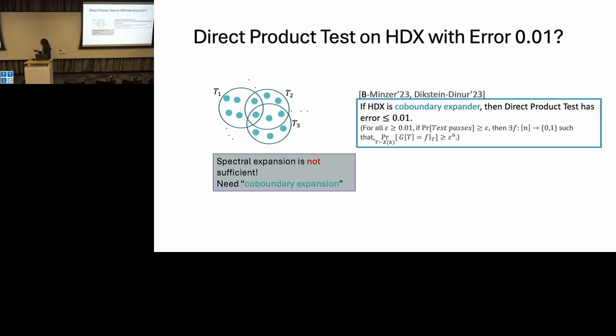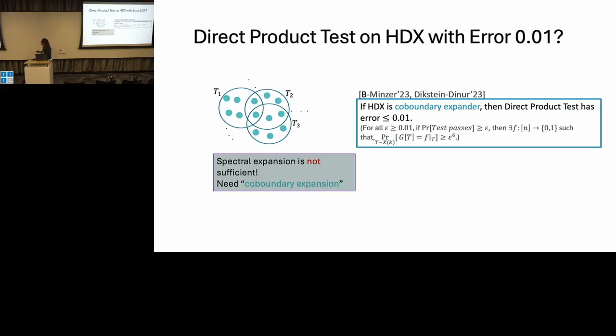In fact, this counterexample is a generalization of Bogdanov's counterexample. So it's not just that you need overlapping or clique-like structure, you need something more. Even if you have a lot of cliques, the direct product test may not have small error.